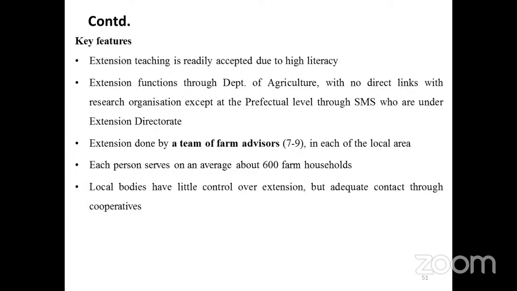They have high literacy, so extension works much better there through Department of Agriculture, whereas they don't have direct links with these research organizations. Then that link comes at prefectural level. Extension is done by a team of farm advisors, and these local bodies have a very little control over extension.